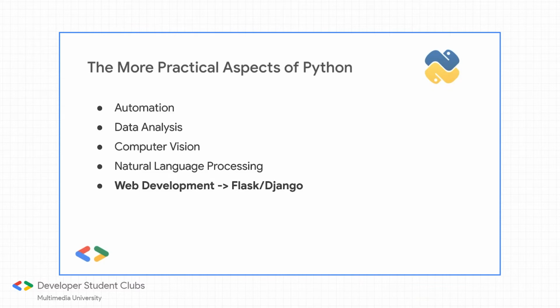Since Python is so easy to learn, dynamically typed, and one of the most popular languages in the world, it has a bunch of practical applications. You can automate stuff using Python. You can write a bunch of Python scripts to automate pretty much anything on your computer. Like you can wake up in the morning and write a Python script to open up all the programs that you use throughout the day.